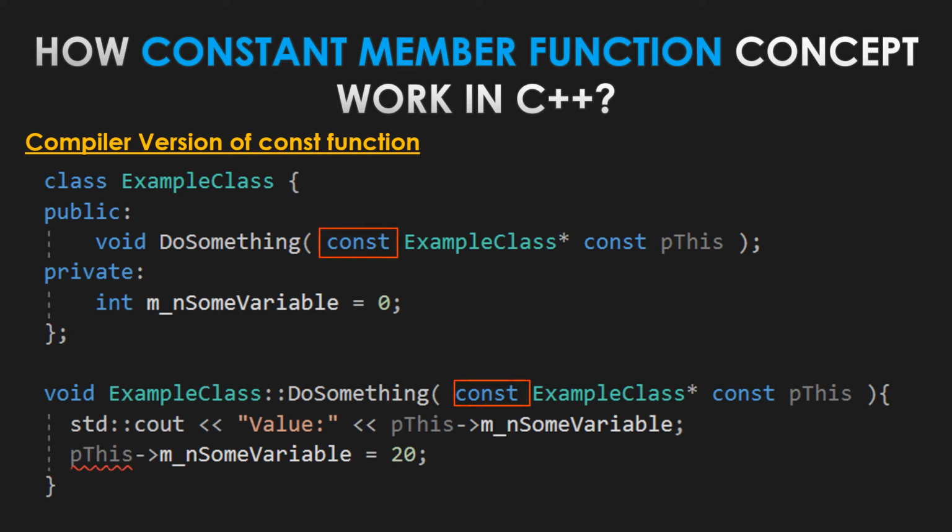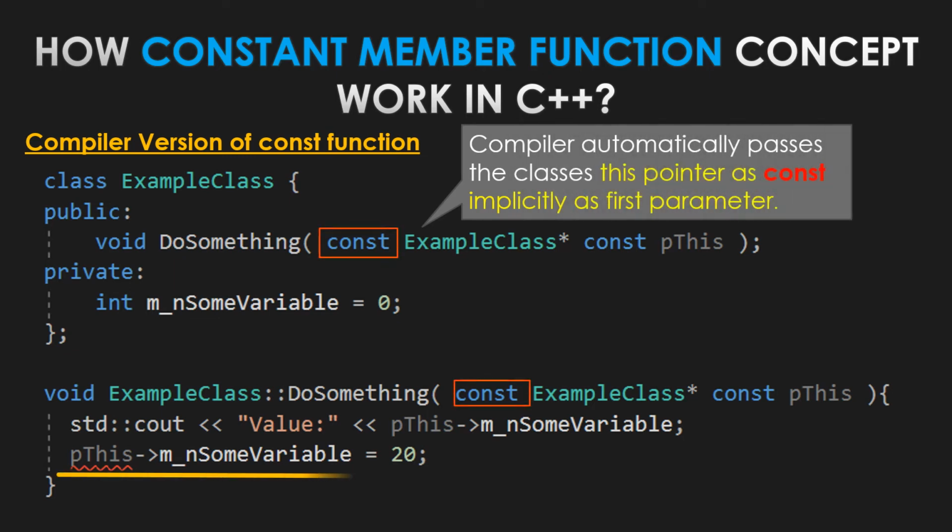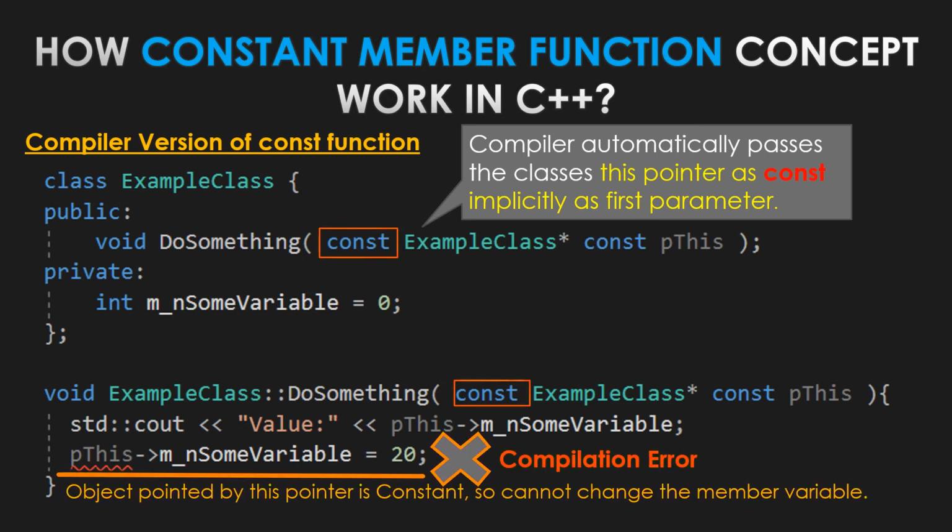But in case of constant member function, this parameter is passed as a constant pointer to constant object. Since this pointer to constant object is not allowed to modify the object's class data, when someone tries to modify the member variable of a constant object, the compiler shall report a compilation error. This is how the constantness of constant member function is achieved in C++.